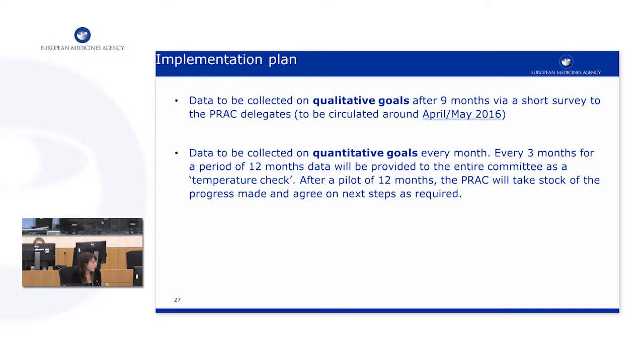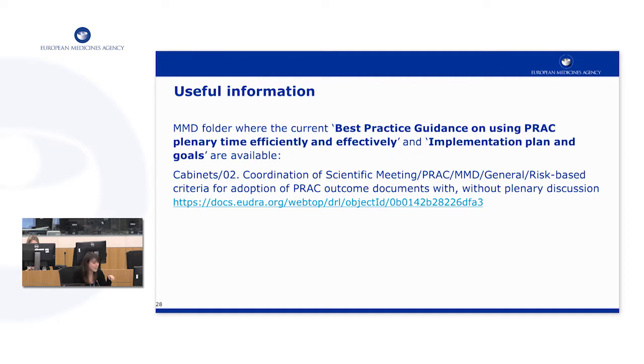Voila, so I mentioned our timelines to collect qualitative goals. There will be a short survey that will come in April, May. And the quantitative goals, as I said, are collected quarterly, every 3 months. So if we go to the next slide, I think that's nearly the final one.